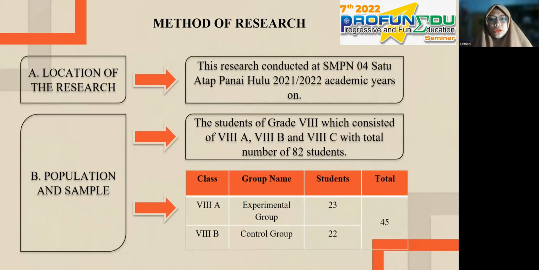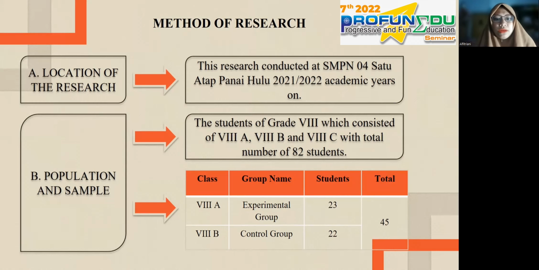So how about the method of research? We conducted it at SMP Negeri 041 Atap Panai Hulu, and the population was all of grade 8, which consists of A, B, and C, so all 82 students.